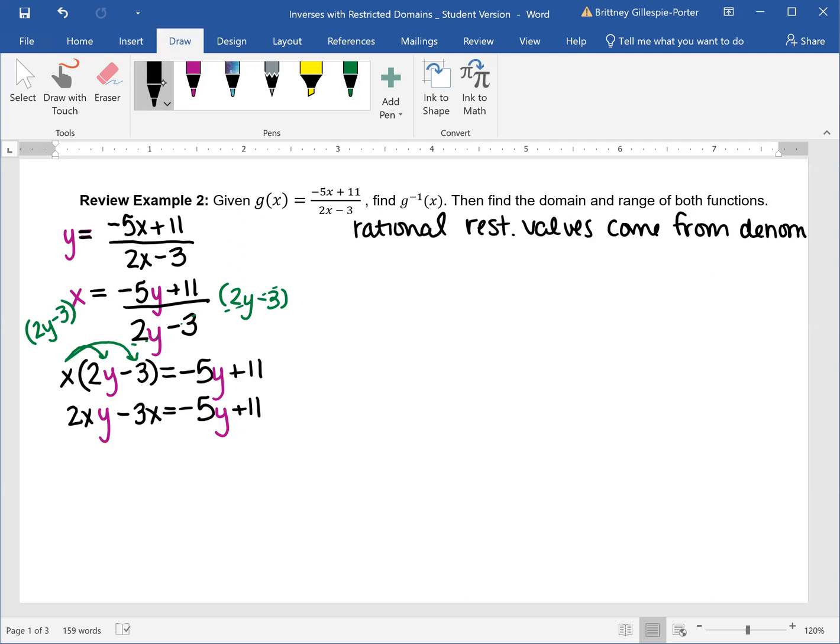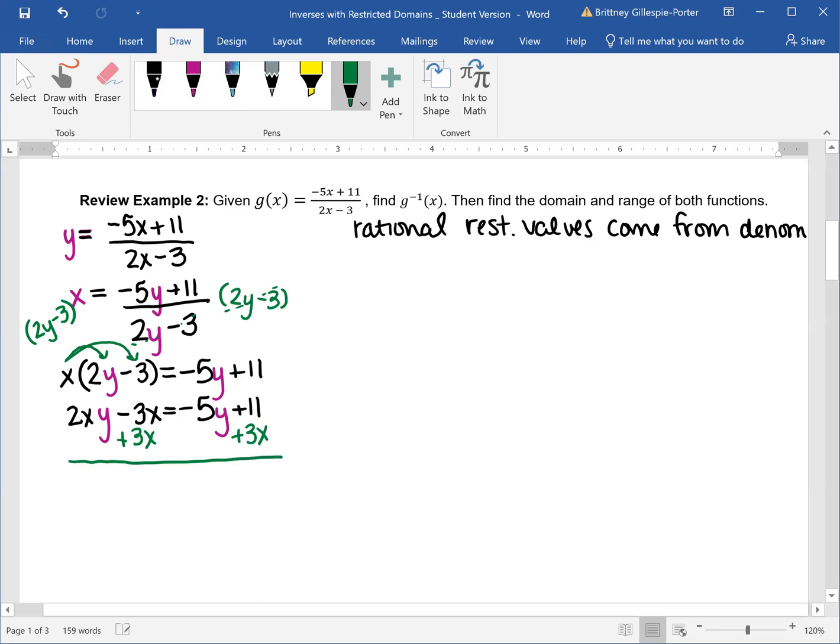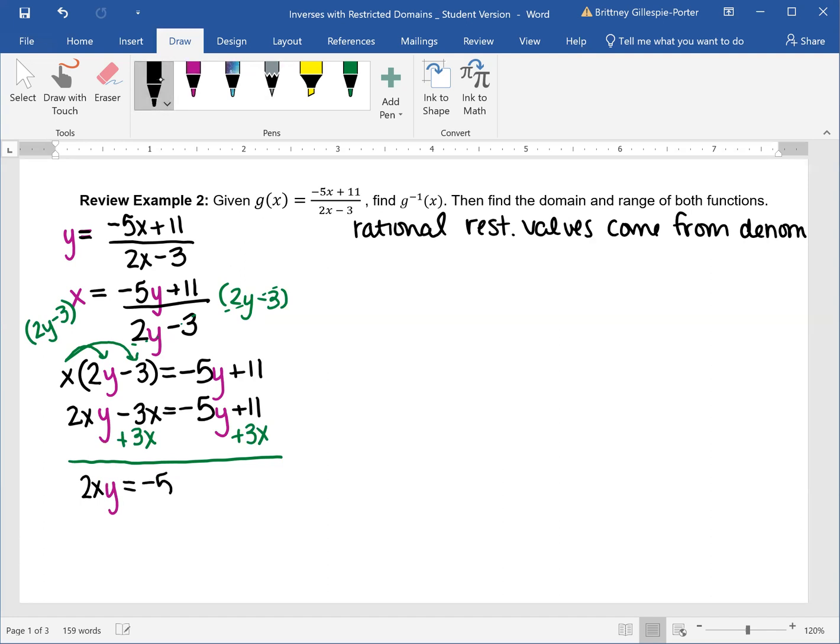Move everything with an x to the right side, everything with a y to the left. So let's go ahead and add 3x to both sides. When we do that, we're going to have 2xy equal to negative 5y plus 3x plus 11.